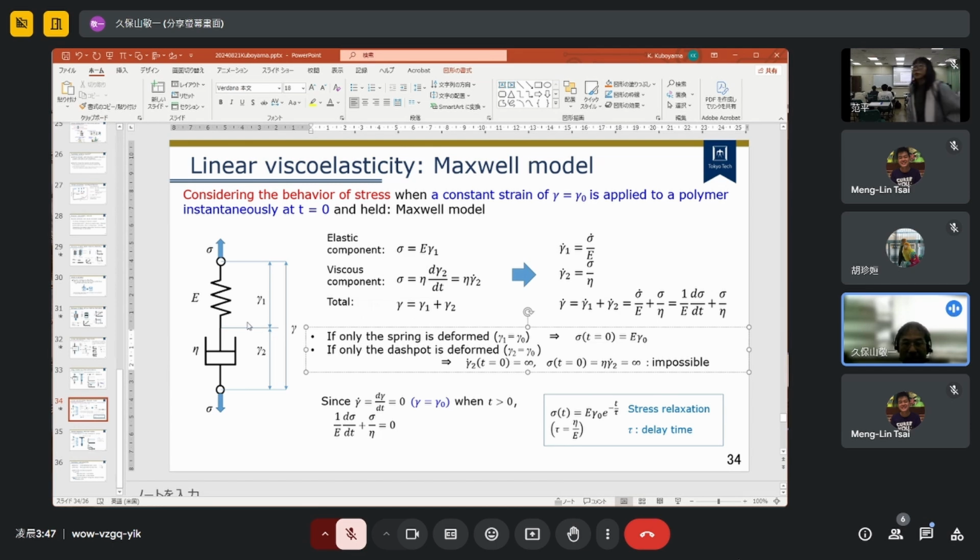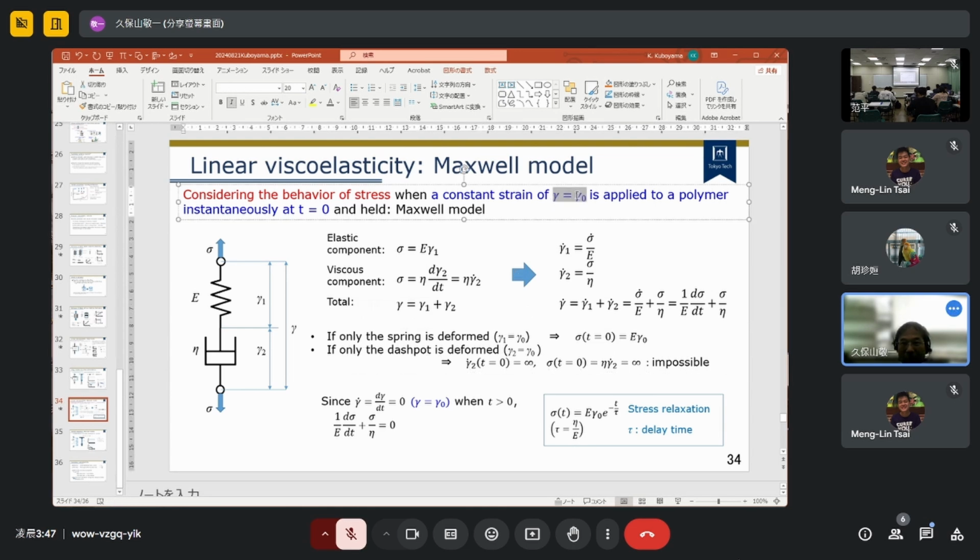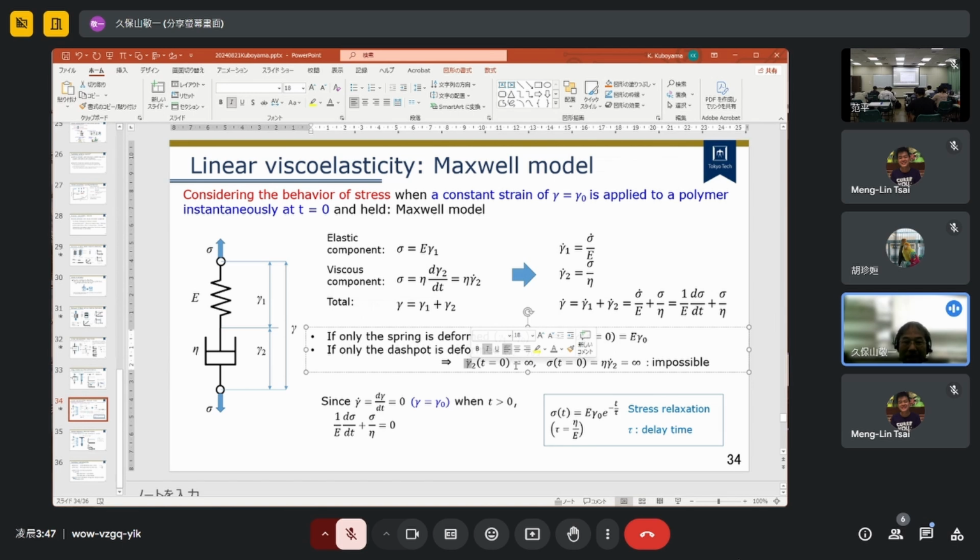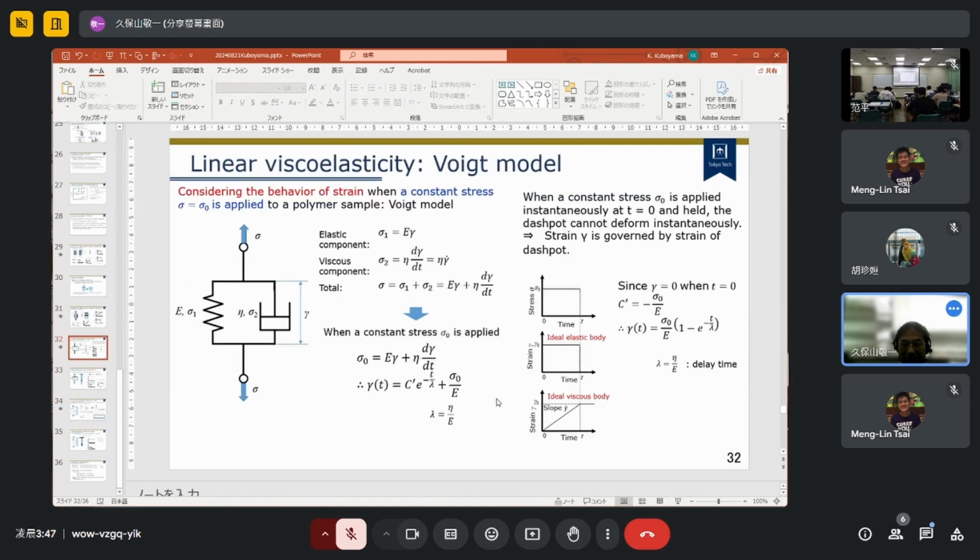But if you think about whether the spring doesn't change but the dashpot may change, in that case, if you apply the constant strain instantaneously, the strain rate is infinity.